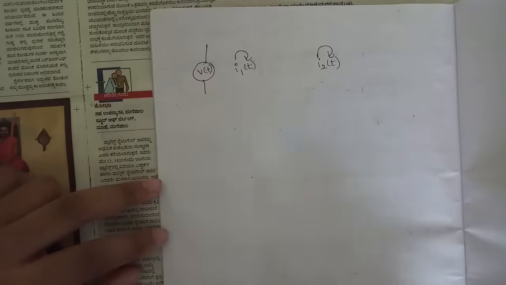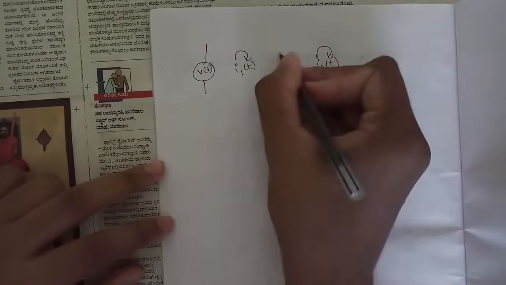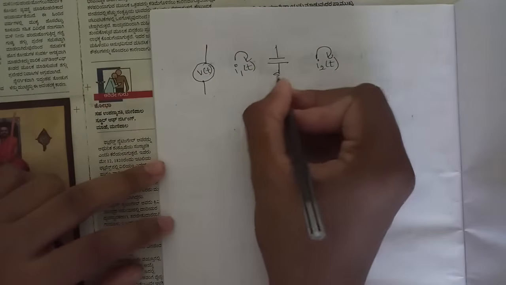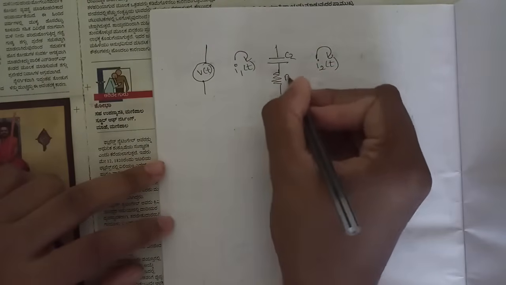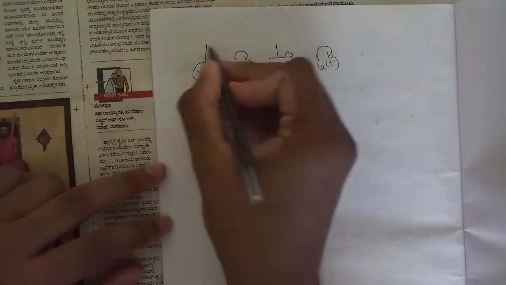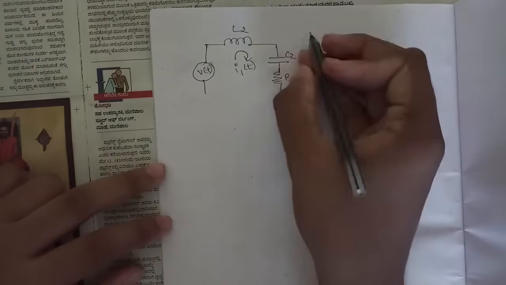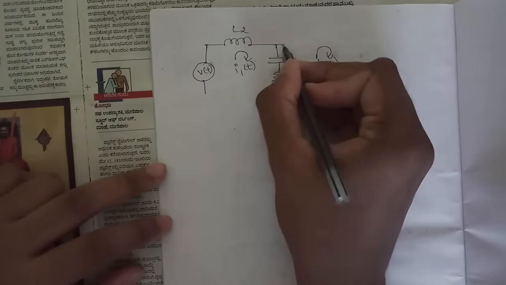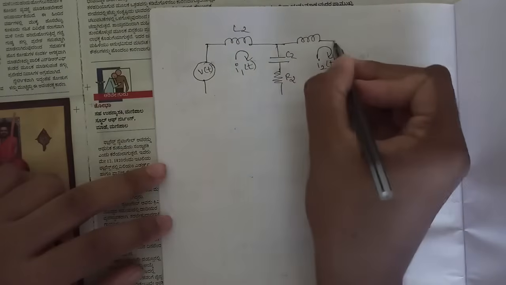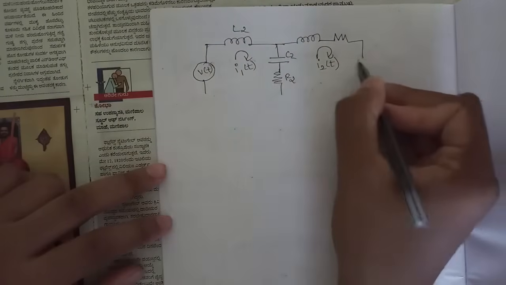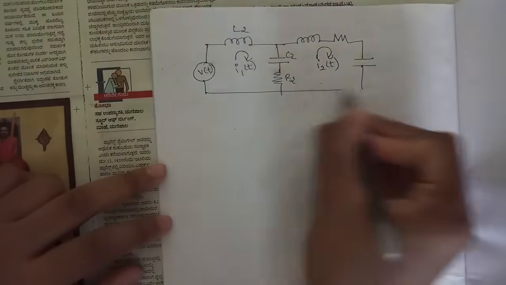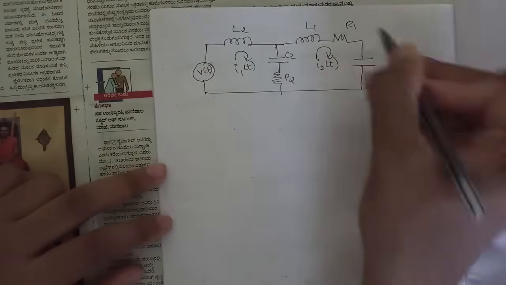If you refer to the video one minute before, you can see the equations. So there are two components in between the two loops, C2 and R2. First I'll write those two components, C2 and R2. In loop 1 we only have the component L2, and in loop 2 we have three components in series, that is L1, R1 and C1.